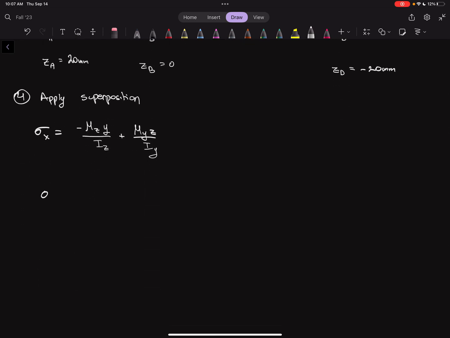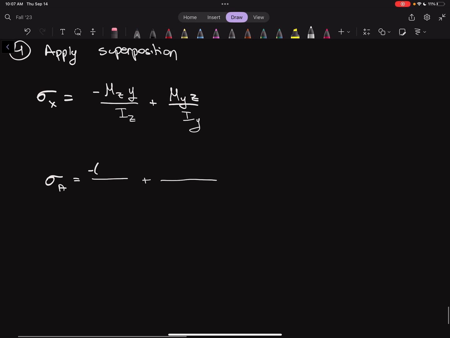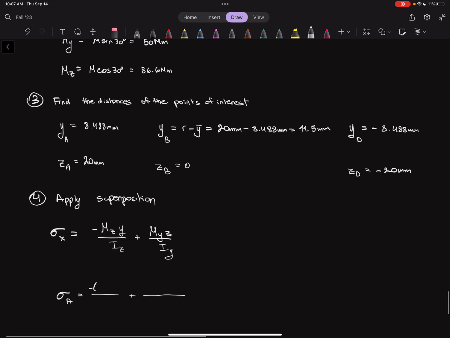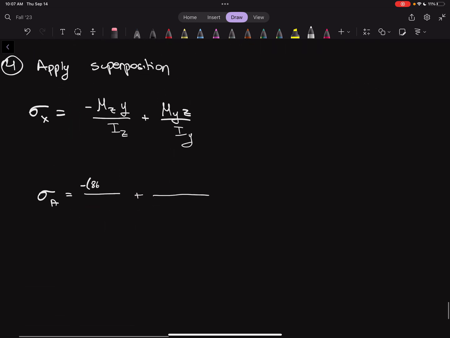And so then we do apply the formula for the different parts. So I'll just make the first one, and then I'll use the power of copy and paste. So for Mz, we have 86.6. Convert this to kilonewton millimeters. Trust me, that's going to give us megapascals at the end. Let me make this a little bit bigger for you guys. Minus 86.6 kilonewton millimeters.